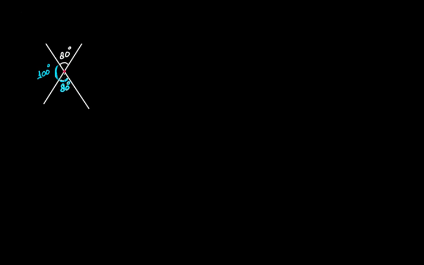80 degrees, why? Because it's forming vertically opposite angles, two straight lines, then this angle is equal to this angle, right? Now if this is 80, then this whole is what? Linear pair, so this will be 100 degrees. Now again, if this is 100, this will also be 100, because again vertically opposite angles.